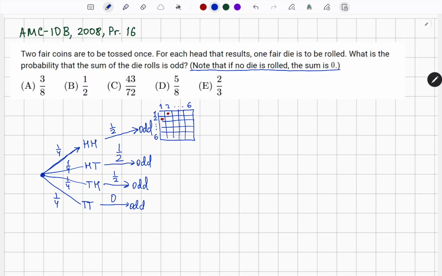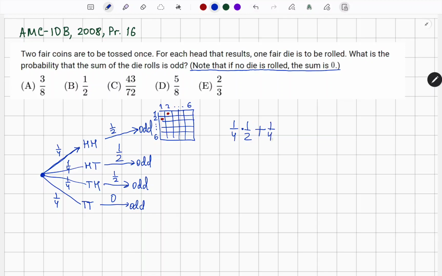Okay. So then we consider all cases. In order to get to this odd result, 1/4 must be multiplied by 1/2. So you just move along the branch of the tree. Then it becomes a plus sign, and we consider the second possibility.